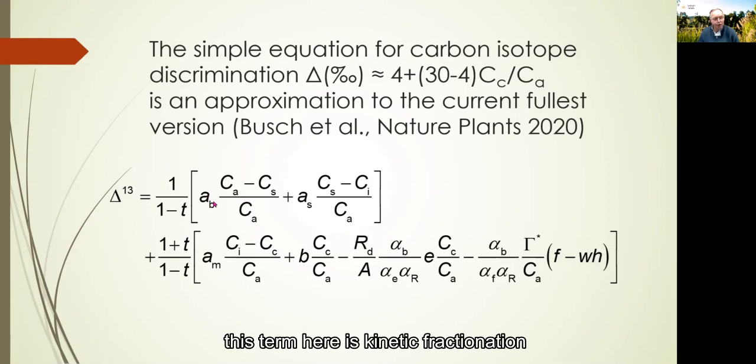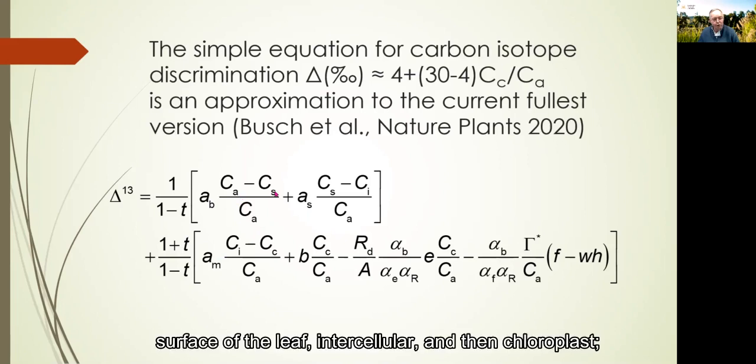This term here is a kinetic fractionation in the boundary layer. This is the kinetic fractionation in the stomata, the 4 per mil. And this is the conductance of the mesophyll wall. And the CO2 concentrations are going ambient, the surface of the leaf, intercellular, and then to the chloroplast.